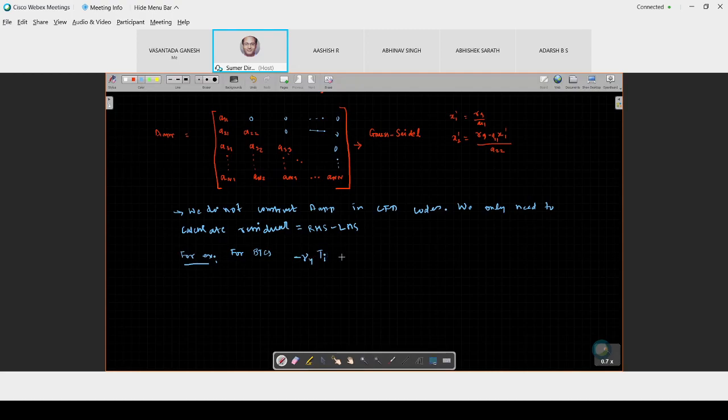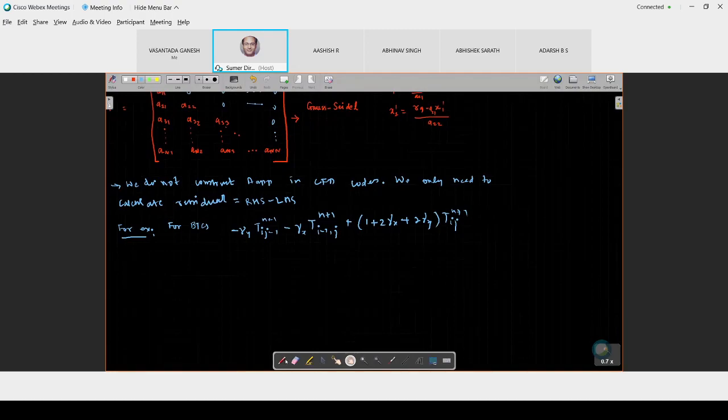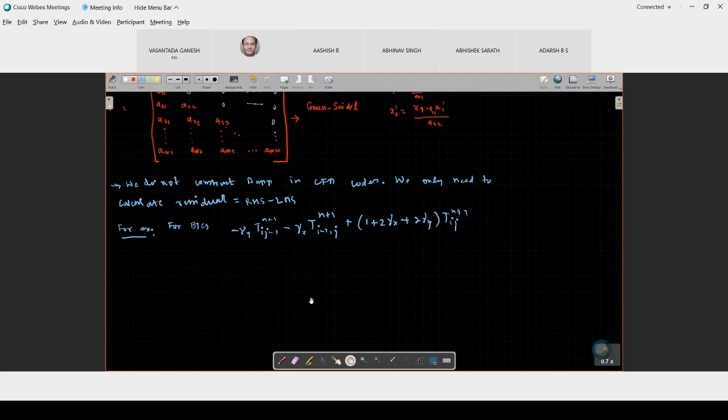That was gamma y T i j minus 1 at n plus 1, minus gamma x T i minus 1 comma j at n plus 1, plus 1 plus 2 gamma x plus 2 gamma y times T i j at n plus 1, minus gamma x T i plus 1 comma j at n plus 1, minus gamma y T i j plus 1 at n plus 1, is equal to T i j at n.